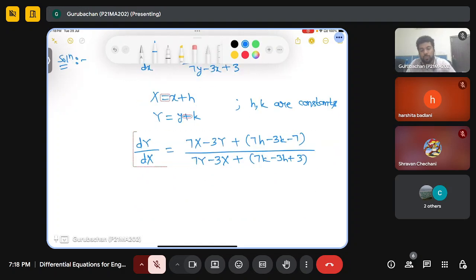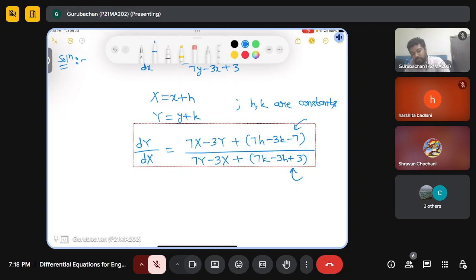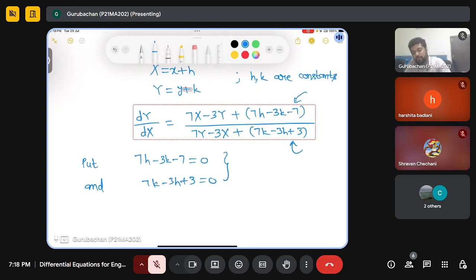So we will put these values equal to 0, 7h minus 3k minus 7 is equal to 0 and 7k minus 3h plus 3 equal to 0, and we will solve this for h and k.